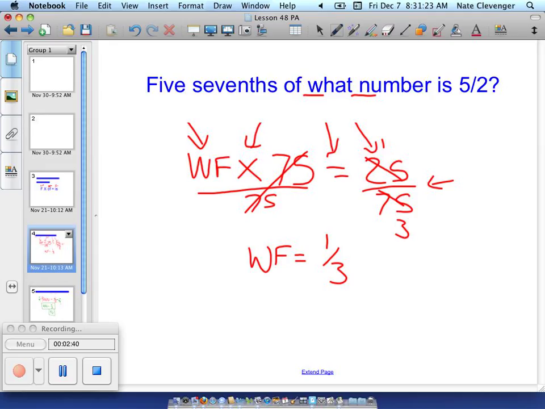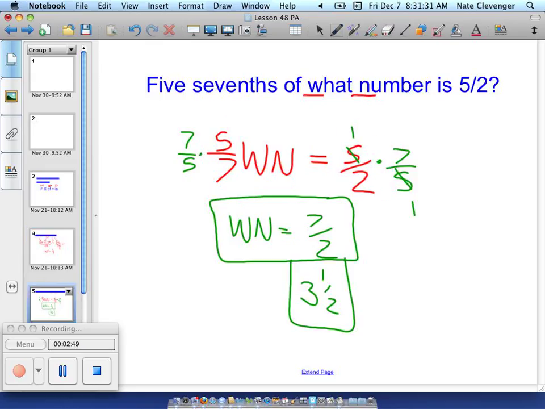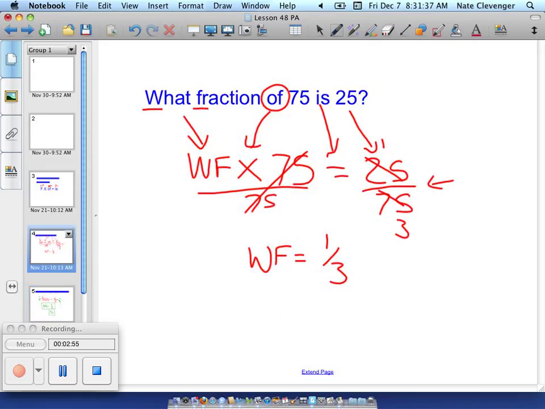Okay. So we've looked at two problems. One where we divided by the whole number value, and that gave us our fraction. And this one, rather than going through that long process of dividing, we just multiplied by the reciprocal. Could we, on this problem, 75 times WF equals 25, could we have done the same thing by writing 75 as a fraction and 25 as a fraction?